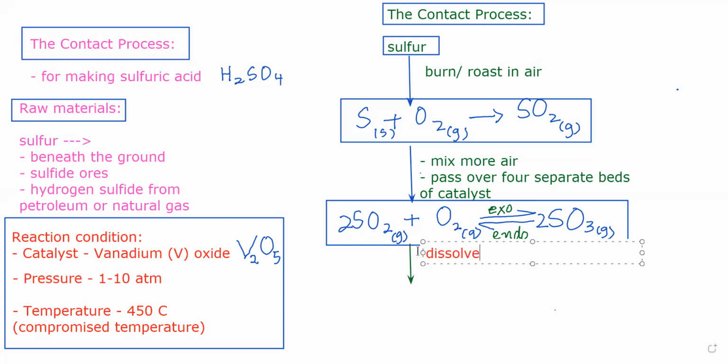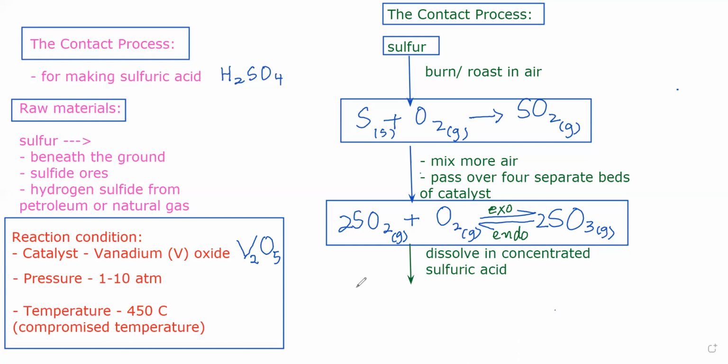So here, what will I write? Dissolve in concentrated sulfuric acid. And when we dissolve it in concentrated sulfuric acid, do you know which product is going to be made? It is going to form oleum.